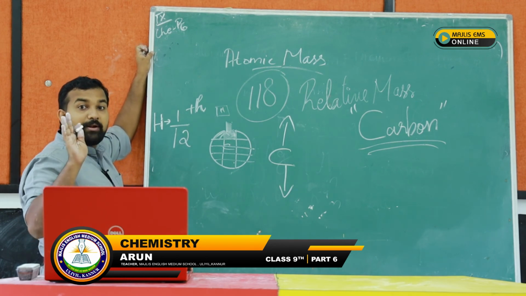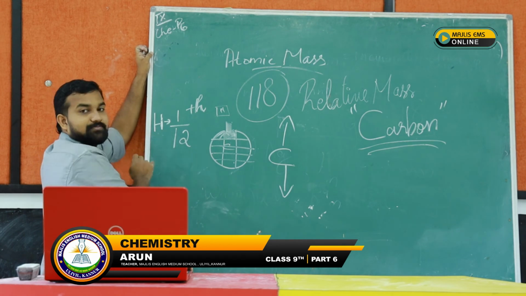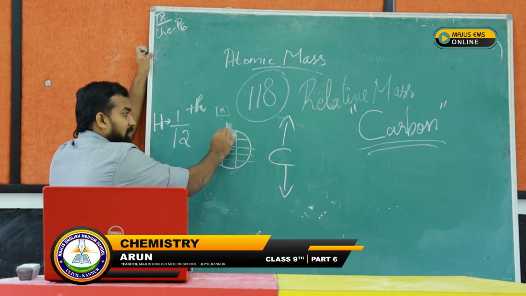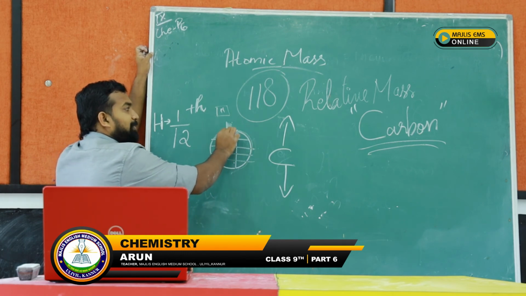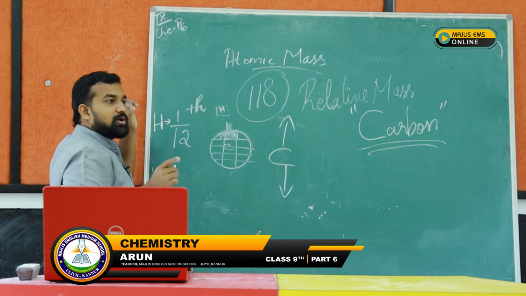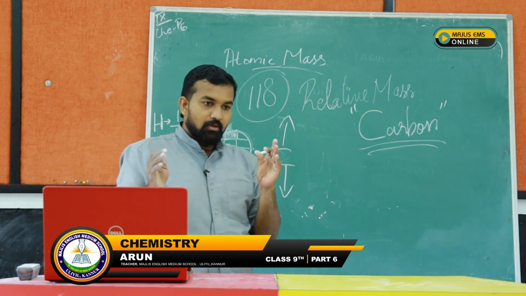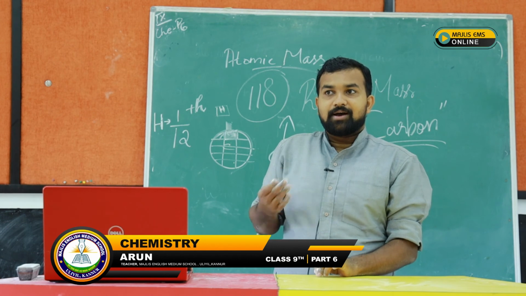That is, 1/12 of the mass of the carbon atom is hydrogen. Out of 12 equal pieces, if I take out one piece, that piece will denote the hydrogen atom. This was the relativity. They took the relative mass of hydrogen atoms.